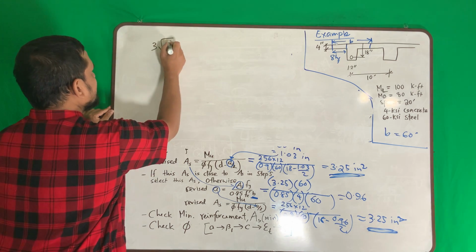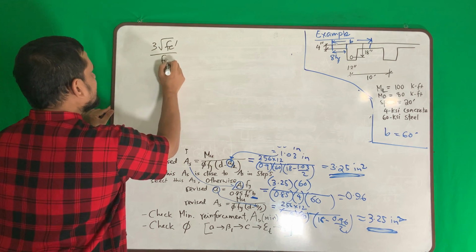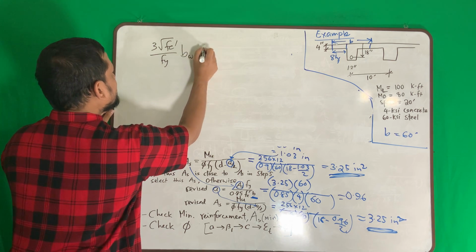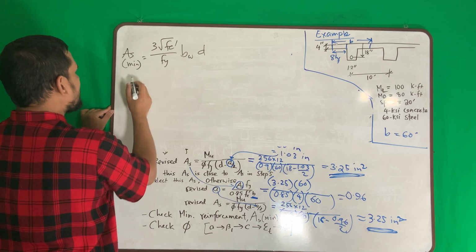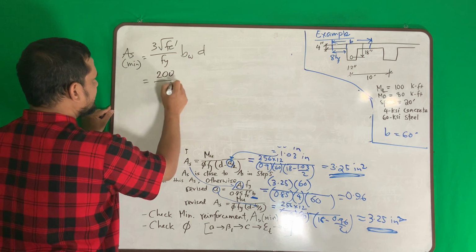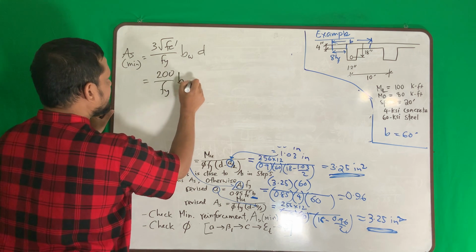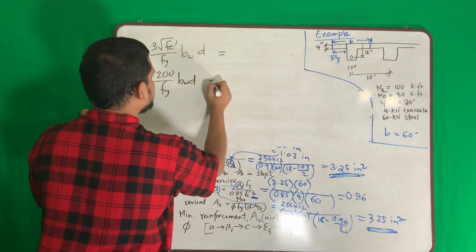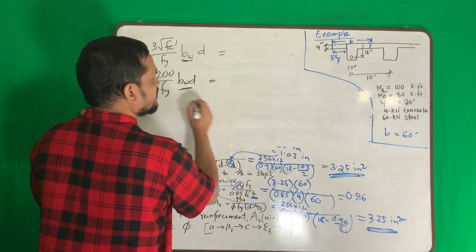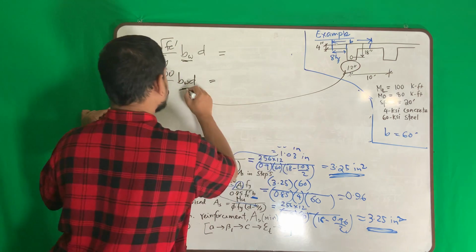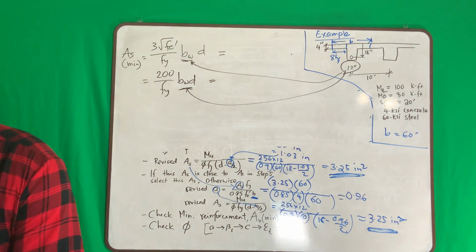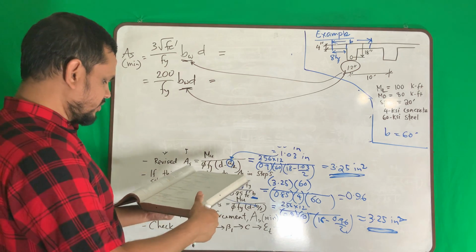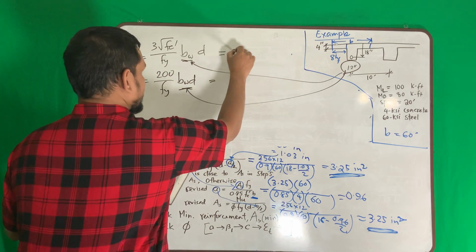So 3 A prime C Fy Bw T AS minimum. Or other case is 200 Fy Bw D. So this Bw is 12. So do not make this mistake. 12.